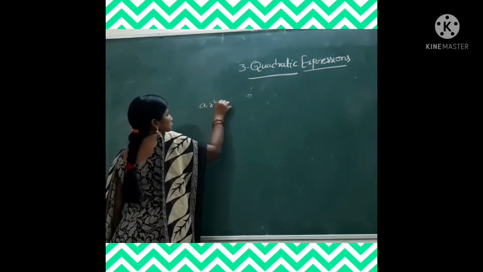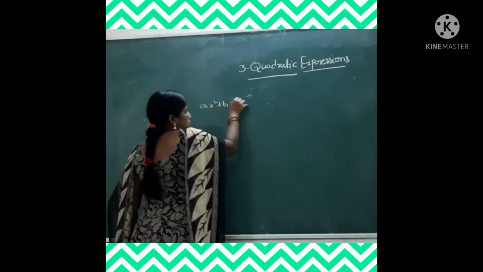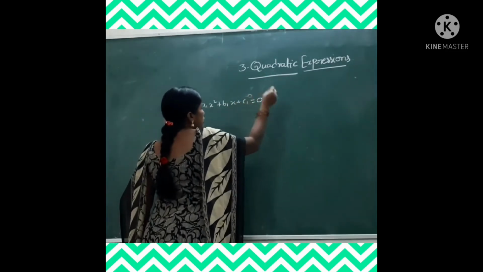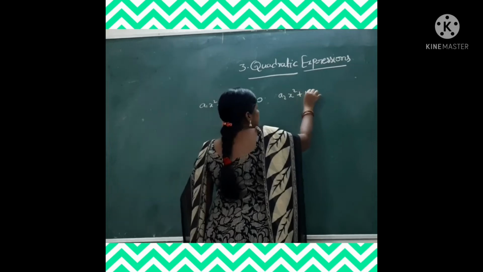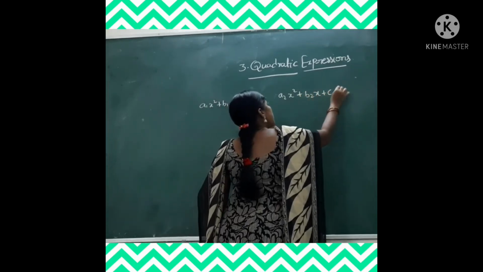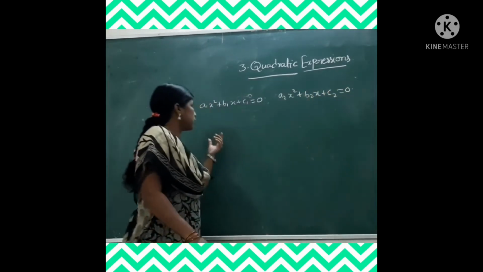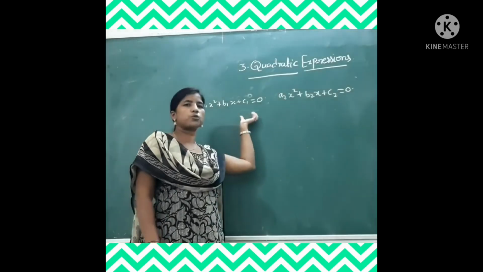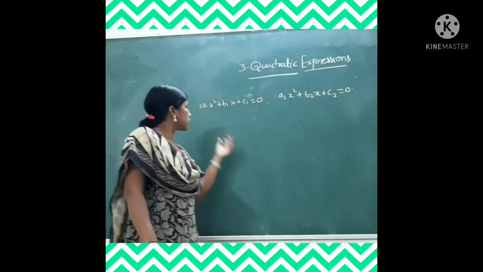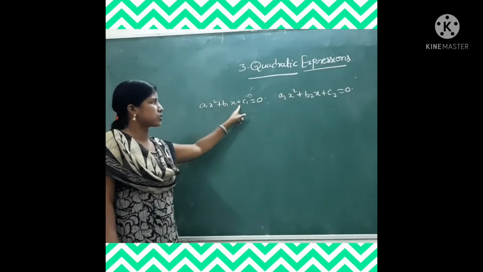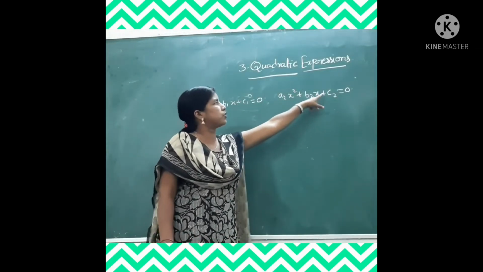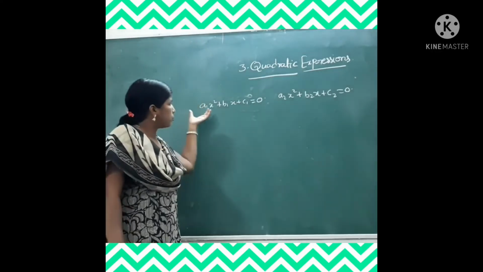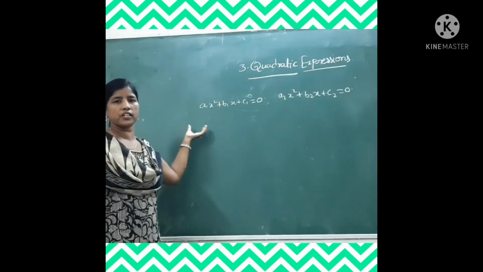a1x square plus b1x plus c1 is equal to 0 and a2x square plus b2x plus c2 is equal to 0. So here are two quadratic equations. From both equations we find out the common root.